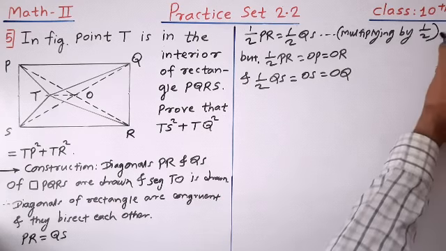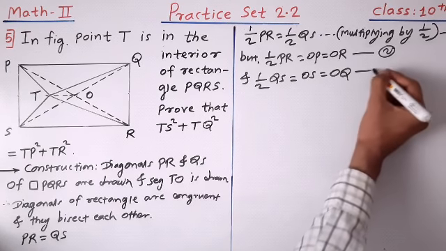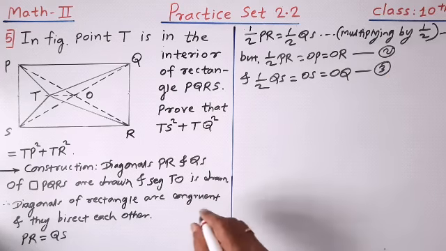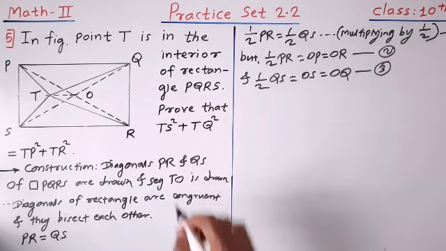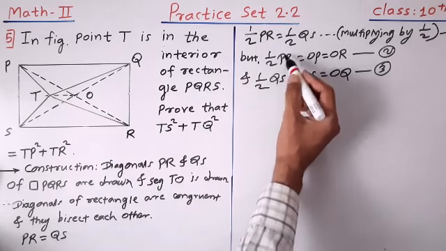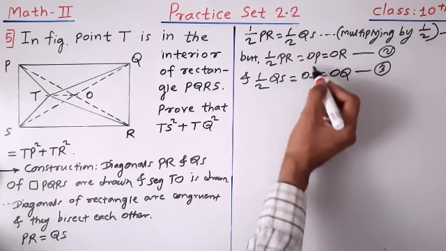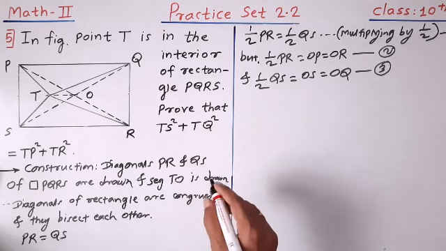Now if we give the above equation number 1, this equation number 2 and this equation number 3, from 1, 2 and 3 we can draw a conclusion that if their LHS are same, all these 4 segments are also equal.